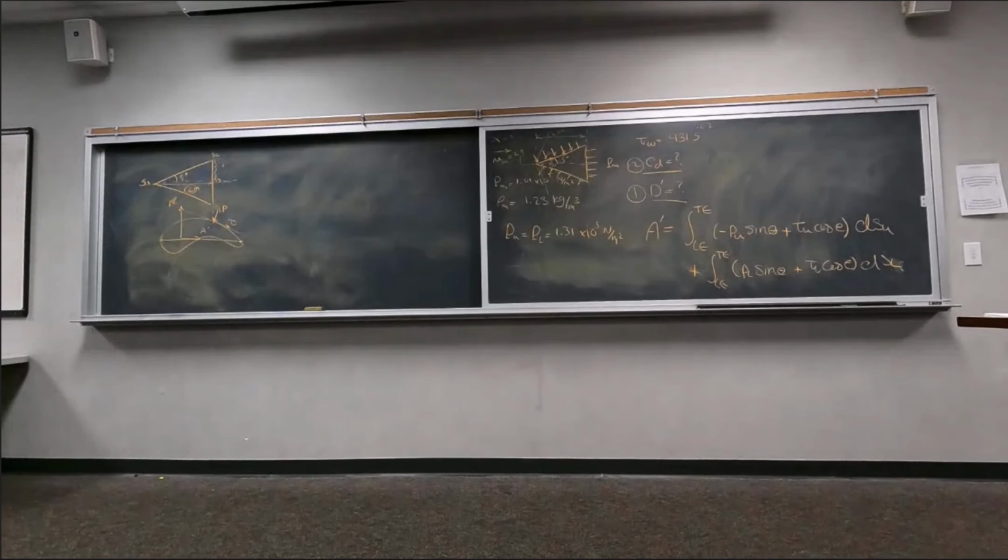So lower, upper, this is the lower quadrant, this is the upper quadrant. And then we just have to find the total distance traveled there. So we have PU, we have PL. We get TU and TL from this equation.